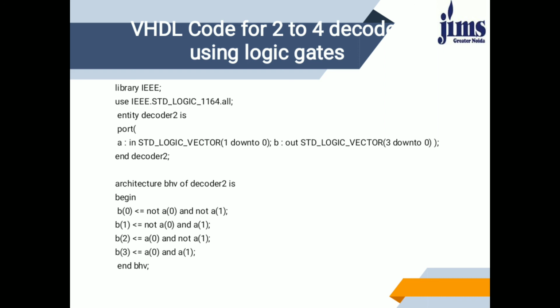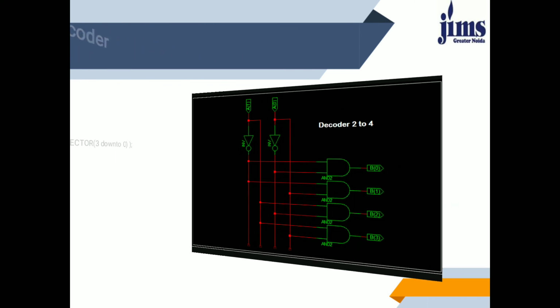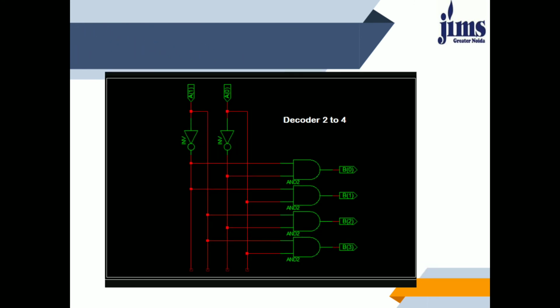The answer is hidden in its architecture. See, this is the architecture. A 2:4 decoder can be made using logic gates of NOT gate and AND gate. So if you know the circuit diagram, schematic diagram of any digital circuit, then you can write a program through it.